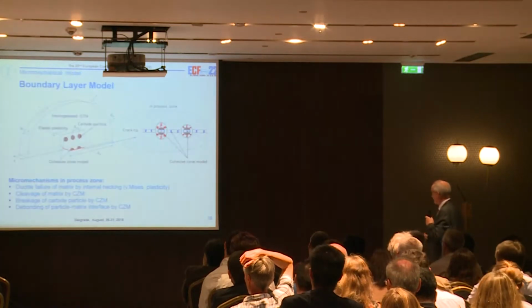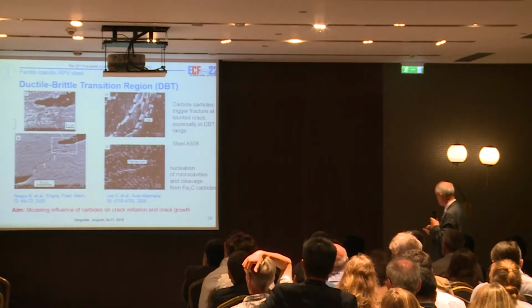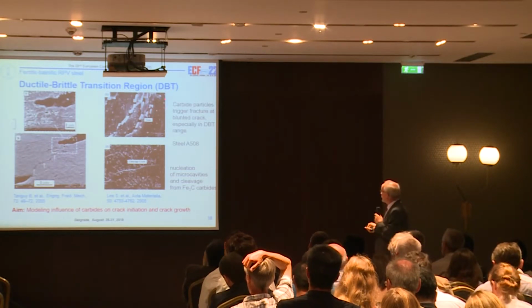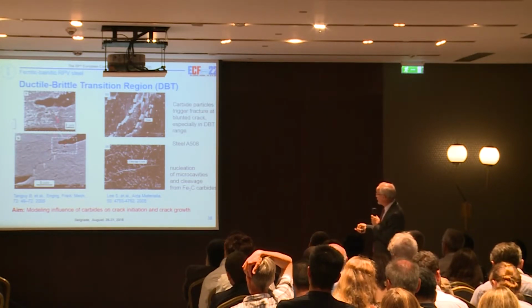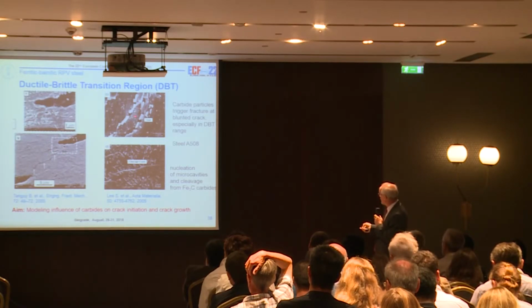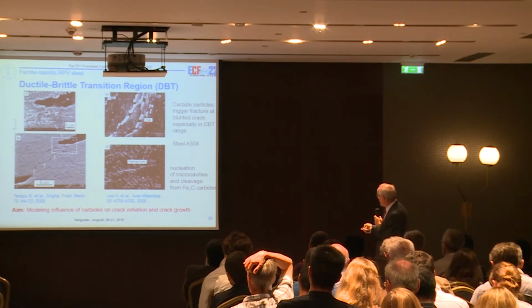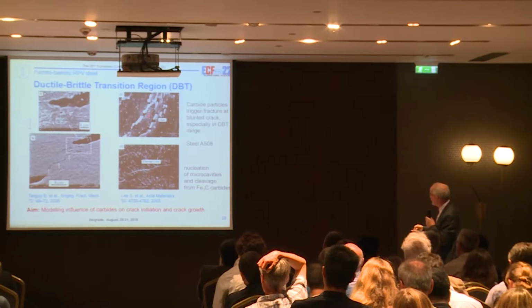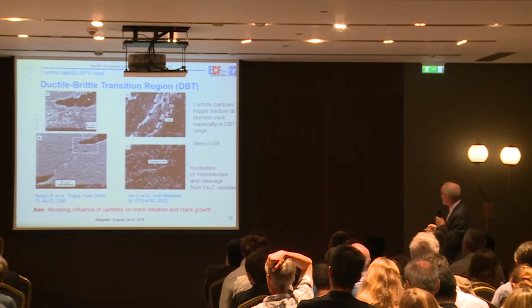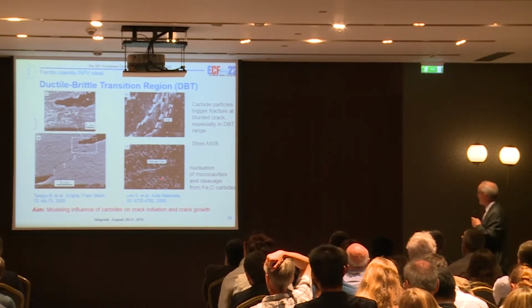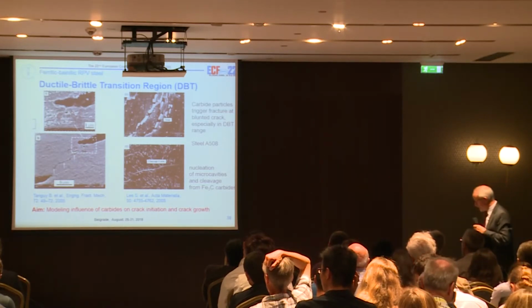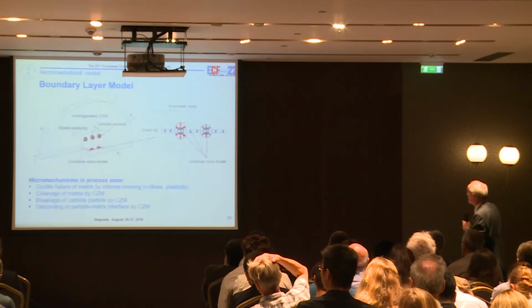They found the same in the same steel at room temperature, in a charpy specimen. You see the white carbides, they are broken, and from the carbides voids are formed at room temperature, and at lower temperature the carbides lead to cleavage along grain boundaries.